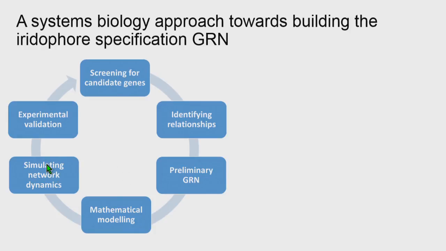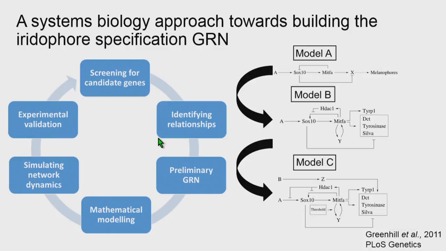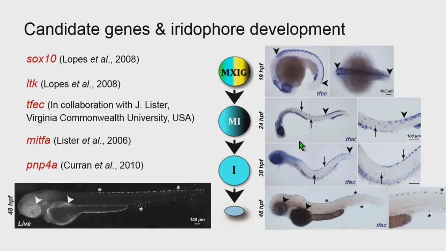So basically, we can tell that according to this network, how gene expression dynamics would progress in our lineage. We are able to experimentally validate such predictions, and through a series of iterations of experimental validation and mathematical modeling, we derive a more sophisticated model that can better predict the observed dynamics. And this approach has been previously used in the group to characterize the melanocyte gene regulatory network.